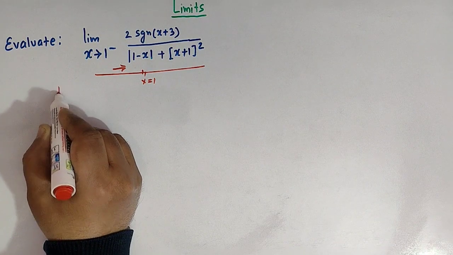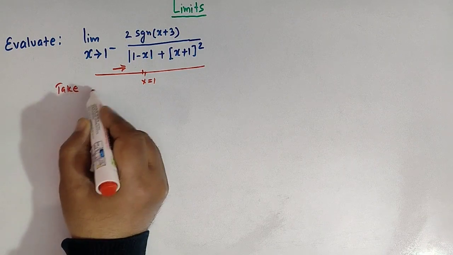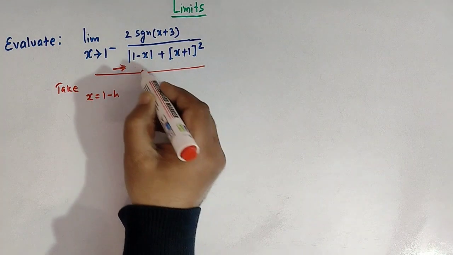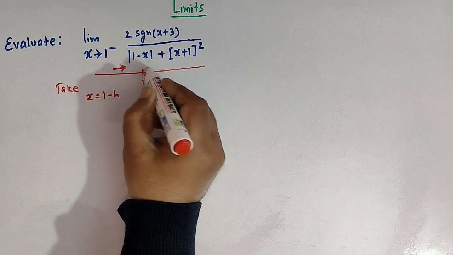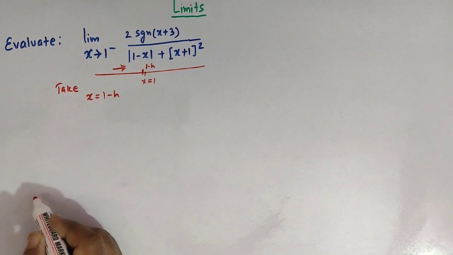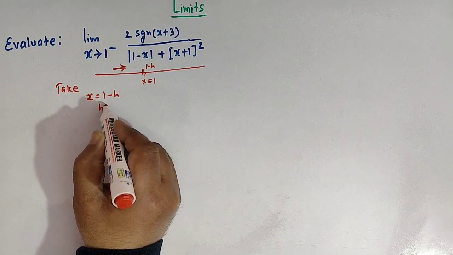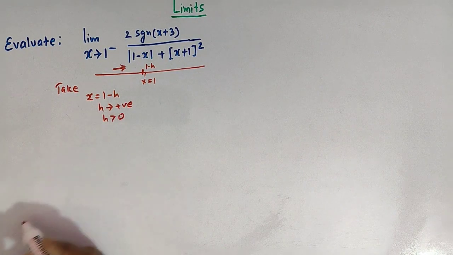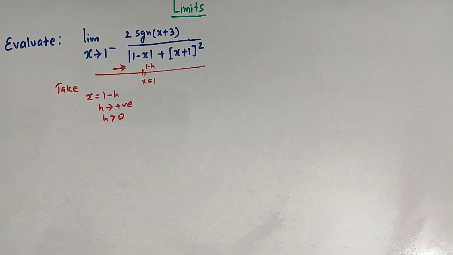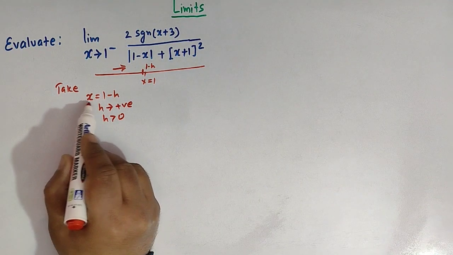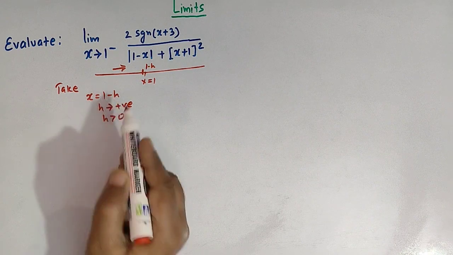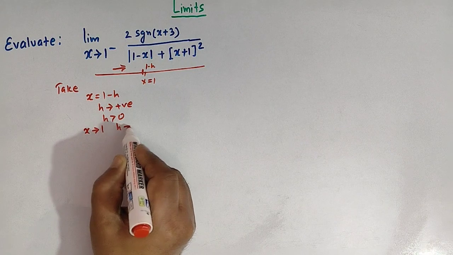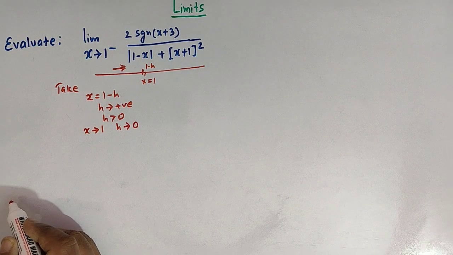Here we'll take x is equal to 1 minus h, where h is a positive quantity, h is greater than 0. When x tends to 1, obviously h tends to 0.